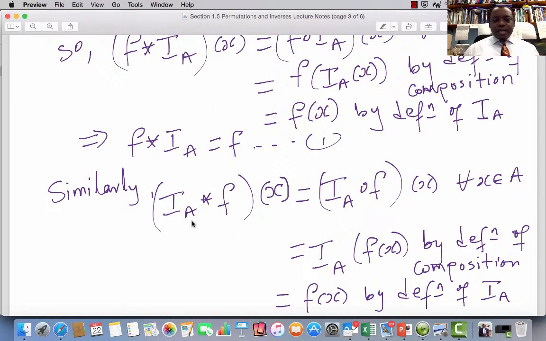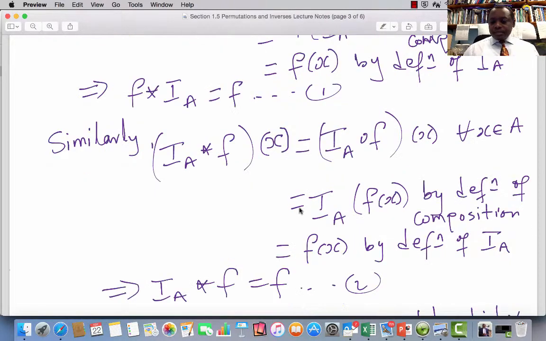Now let's look at I_A star f. (I_A star f)(x) equals (I_A composed with f)(x) for every x in A because of the definition of our binary operation star. Now, by the definition of composition, this is the same as I_A(f(x)).